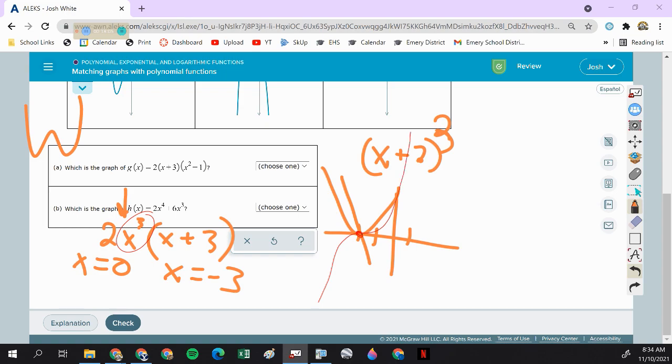And it hits right here at -2. So this W, it's going to hit at -3, and it's going to do the weird saddle at 0. So -3 and 0. So we come down and we do a saddle, and then we go through 0. So we would need to find the graph that looked like that. Okay.